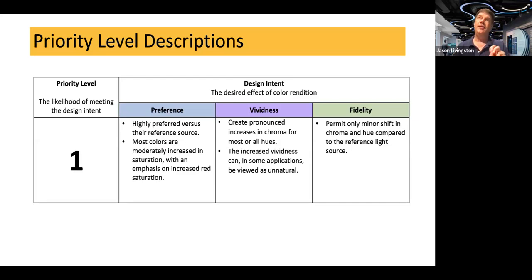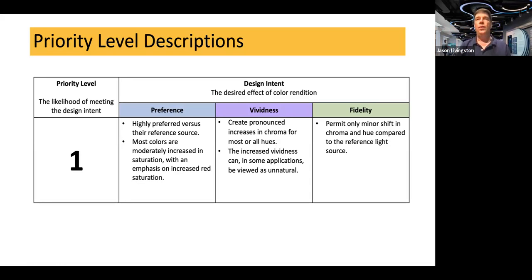But it's a question of, how likely are we, if we use this light source, to find that a broad range of people, if they understood our design goal, would agree that we had achieved it, right? So if my design goal is to render colors in a way that is preferred, what are the characteristics of that SPD that would allow me to say yes with confidence? 90% of the people that see this and who understand preference are going to say, yeah, this is preferred.